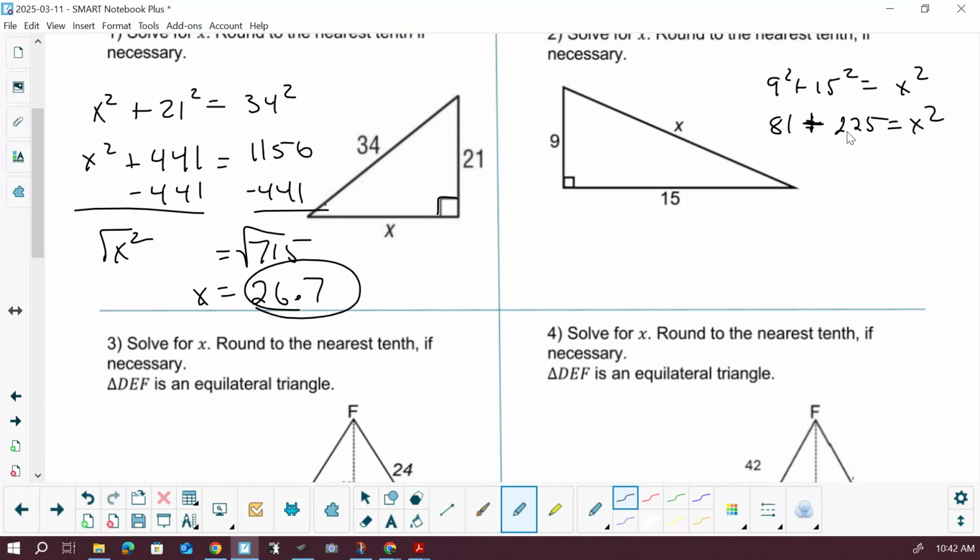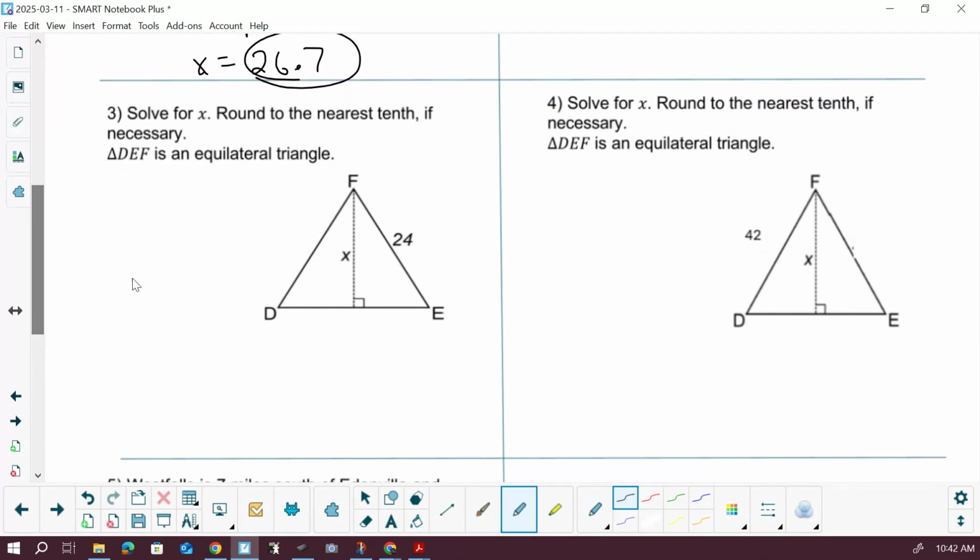Notice the numbers are on the same side with each other with an addition sign between them, so we add them, right? 81 plus 225 is 306. And then to solve this, we take the square root of both sides, and we get x equals the square root of 306, which is 17.49, so we'll put 17.5.